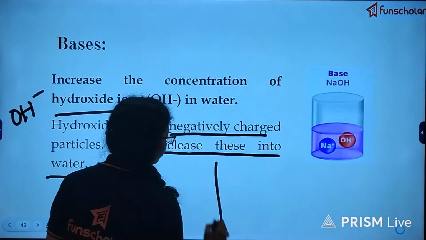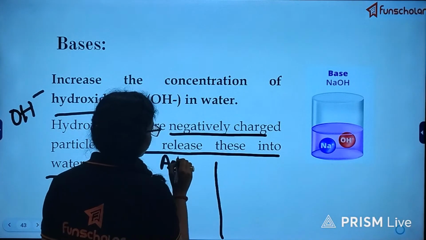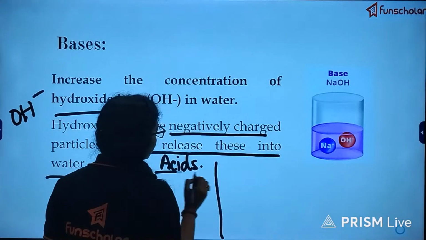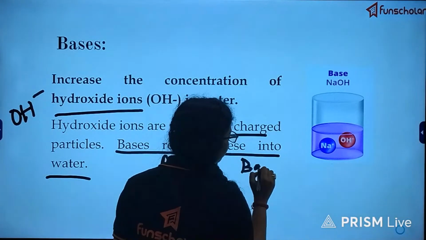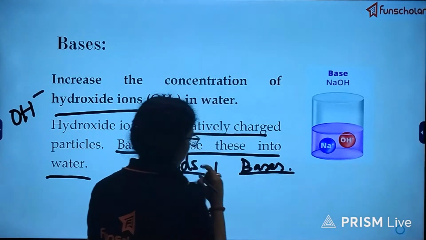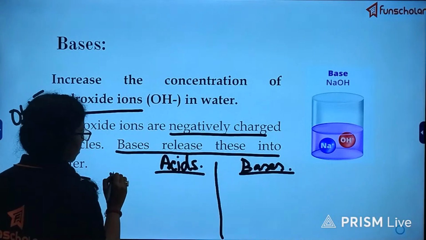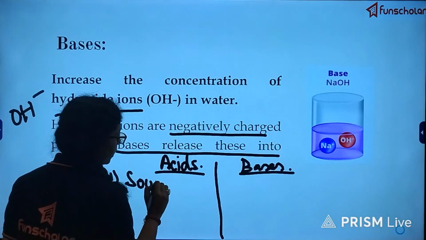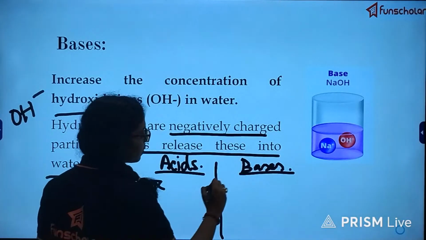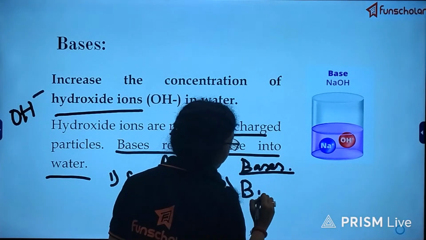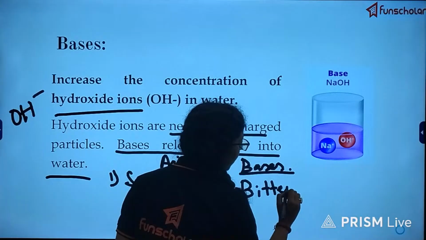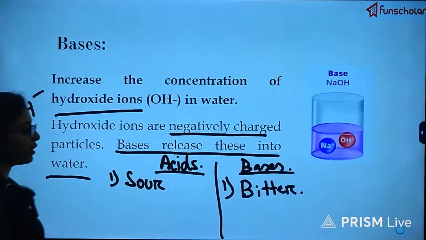So if we try to study the differences between acids and bases, then we can write that acids are usually sour in taste, and bases are bitter in taste, right? We can say this.